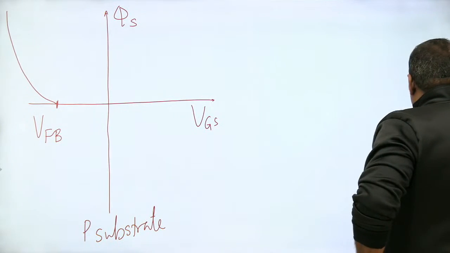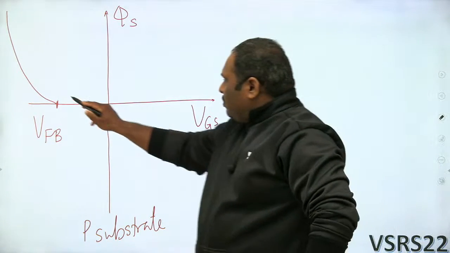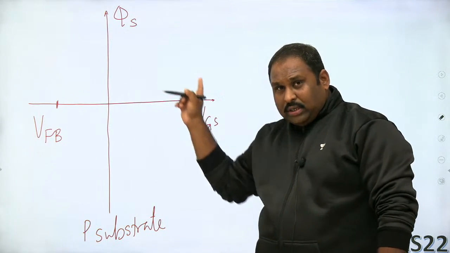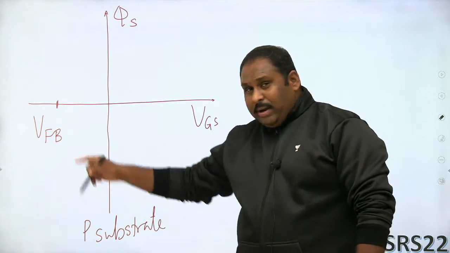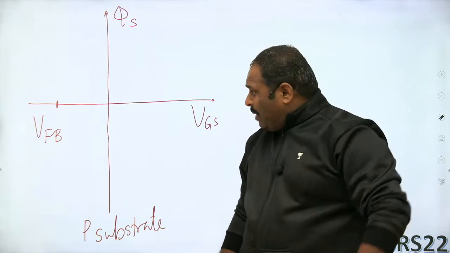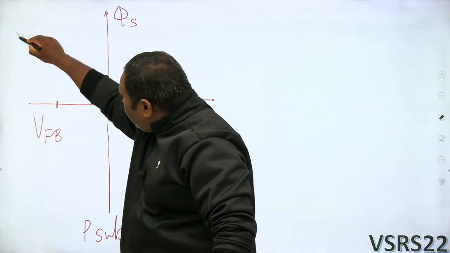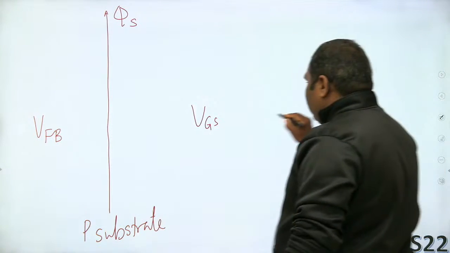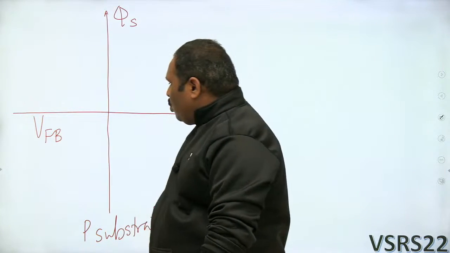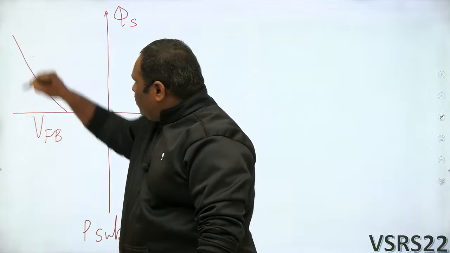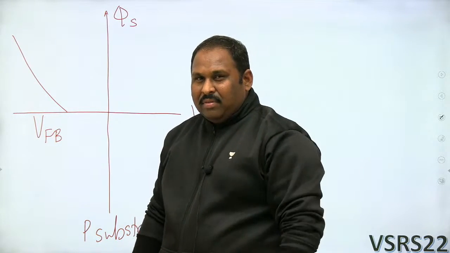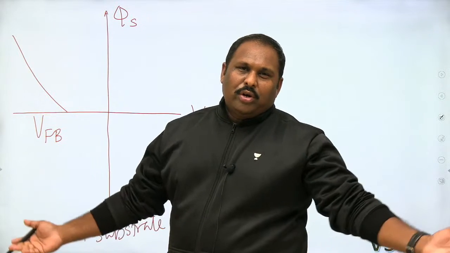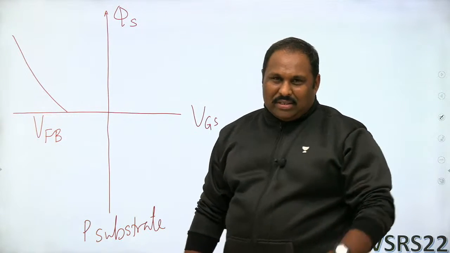So you find the charge versus the voltage accumulating beyond the flat band voltage very linearly. Straight line. और इस लीनियर ग्राफ का जो स्लोप है वही तो कैपेसिटेंस है.